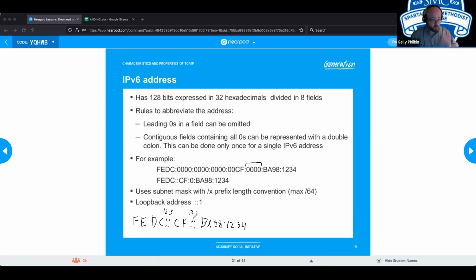So by only doing it one time, and giving my colon, a 0, and then a colon, I still know it's only one more character, but I instantly know this was a group of 3 groups of zeros. That's why we can't use it twice, because it eliminates our ability to determine which group had how many zeros missing.